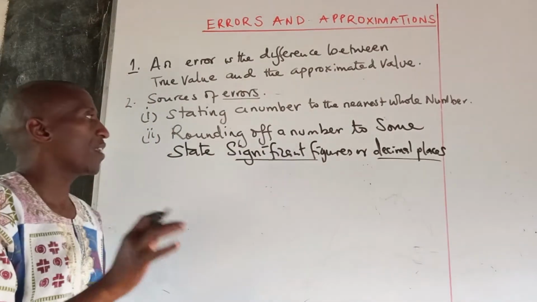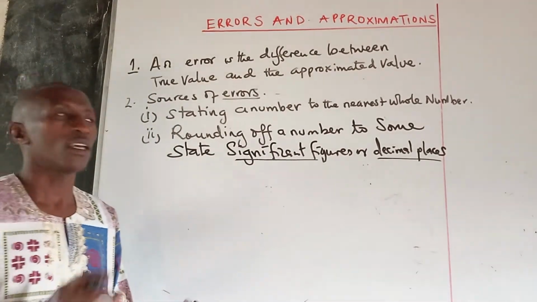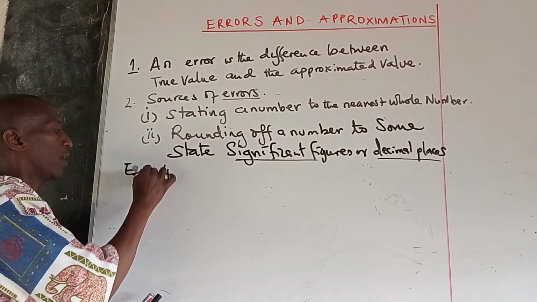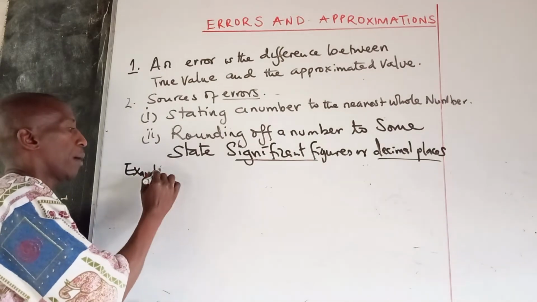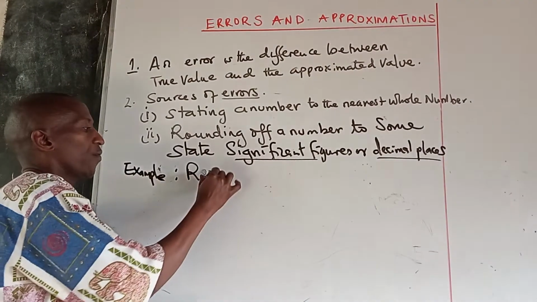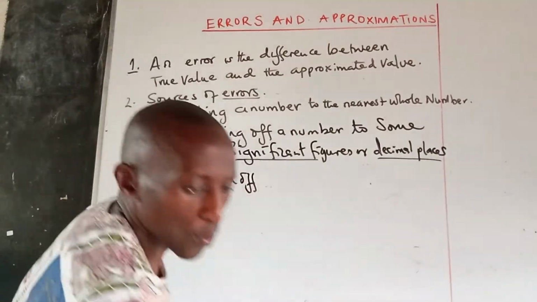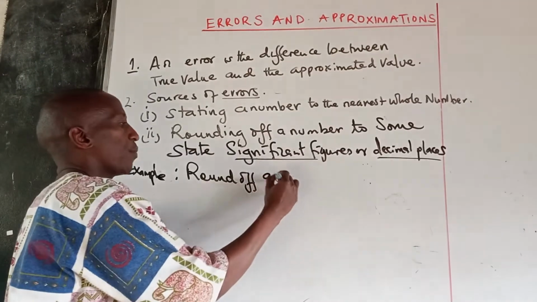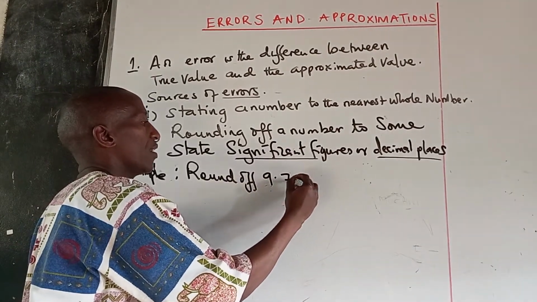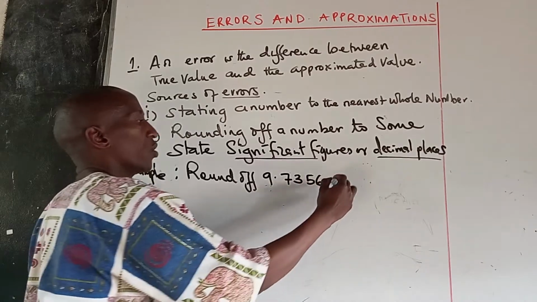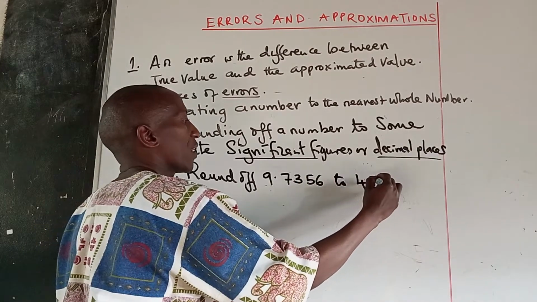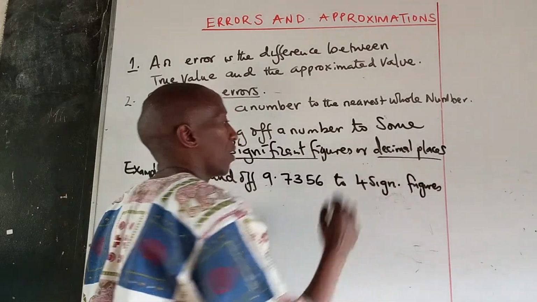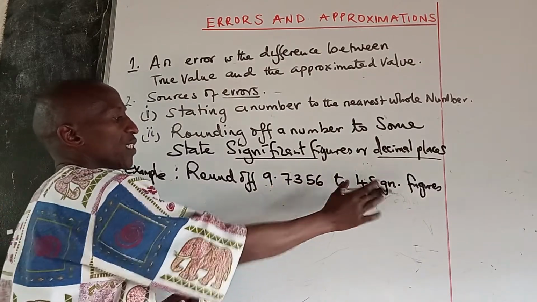When we are given a particular number, we look at a very simple example. We may be given a question like this one: round off 8.7356 to four significant figures.